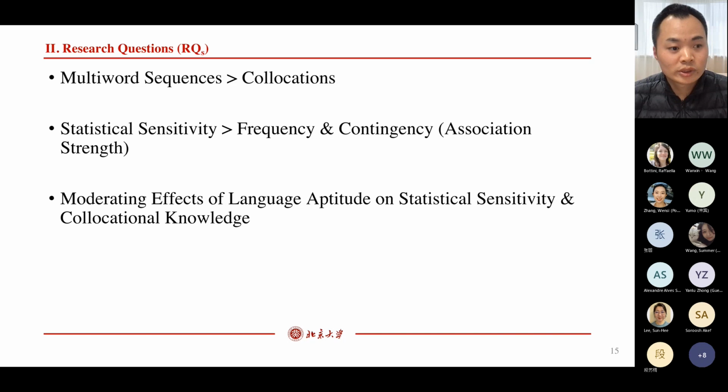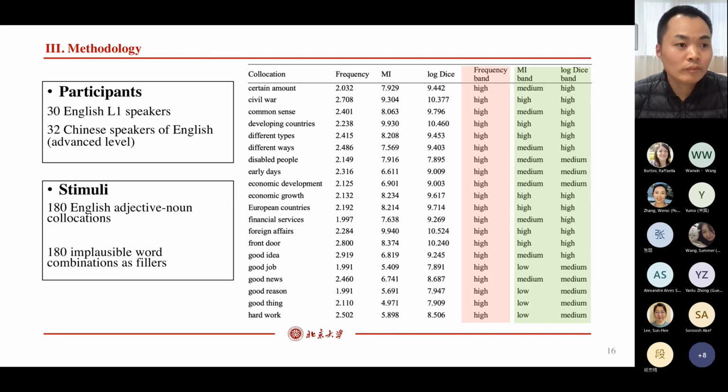And then I want to see if language aptitude is going to show any moderating effects on L1 and L2 speakers' statistical sensitivity and their collocational knowledge. By this second question, we are able to answer whether statistical learning mechanisms are subject to a certain kind of maturational constraint, or whether they are robust across L1 and L2 learning.